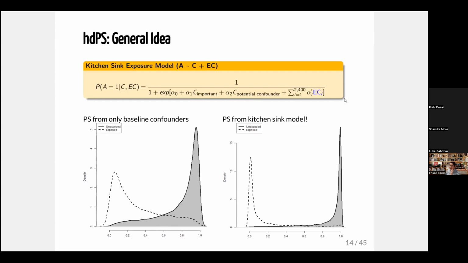But when we included all of these 2,400 empirical covariates in our propensity score model building, there was almost no overlap. And whoever has done any propensity score analysis knows that without any common support or overlap, the treatment effect that we arrive at will be very hard to interpret because there is almost no overlap. So there is no counterfactual basically, right?